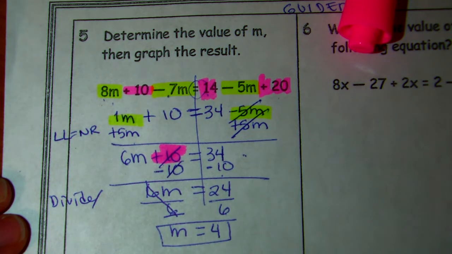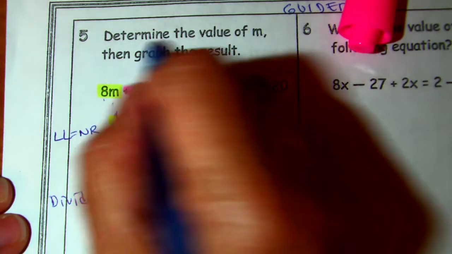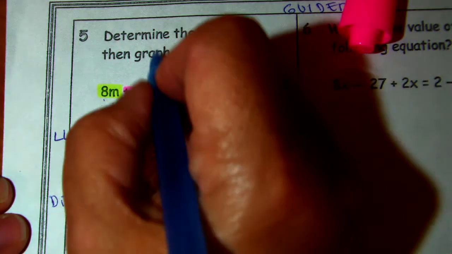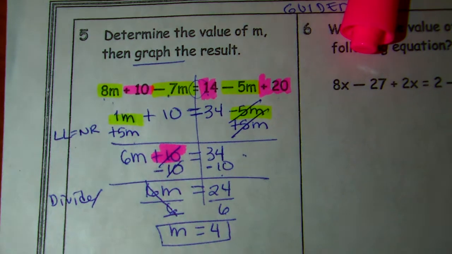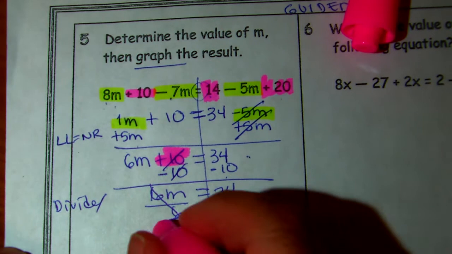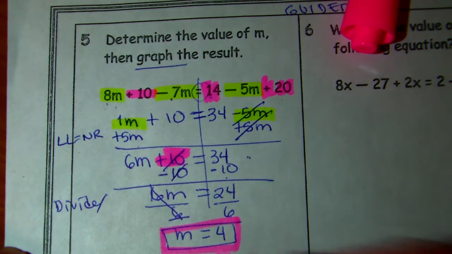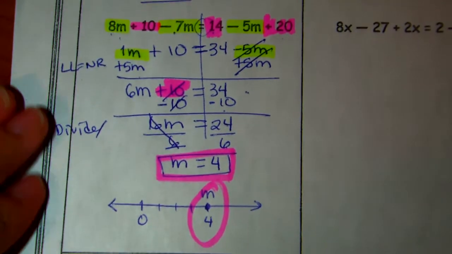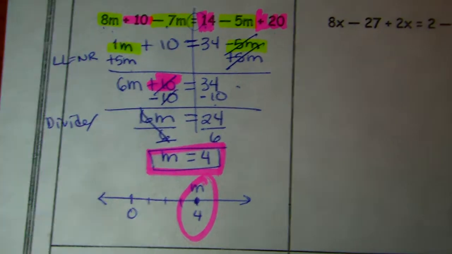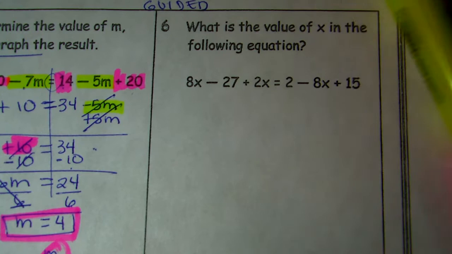Now here the instruction says determine the value of m, so this is the value of m, and then graph the result. So remember how to graph. This is the 0, 1, 2, 3, 4. Here's the 4, and this is the value of m. So here's our answer. Here's the graph. Okay? All right. Now, let's move on to this other exercise.